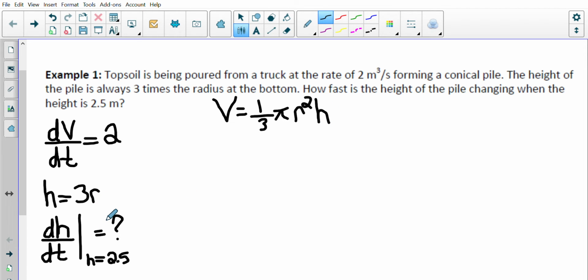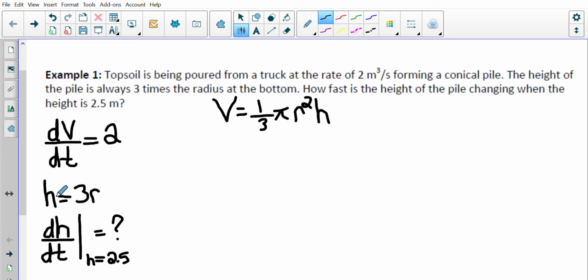Now in this formula, we are looking for dH/dt, but we don't know anything about dr/dt. It is changing as well, it looks like. But we do have a relationship here in which you need 3 radiuses to get you your height.